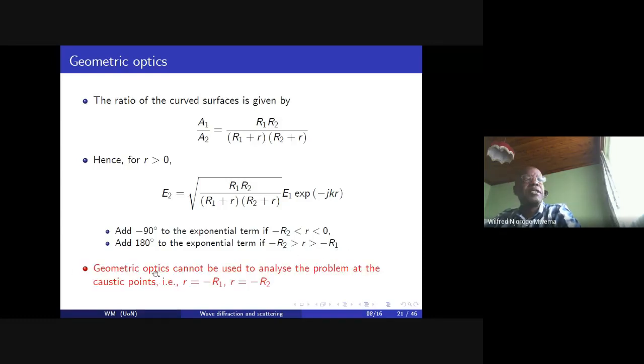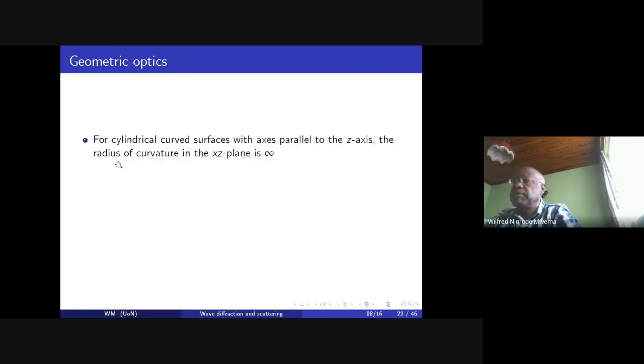So geometric optics will not be useful if R itself is at minus R1 or minus R2. That is at the caustic lines, where the caustic lines are located. If we are at that point, then we cannot use geometric optics to analyze the problem.